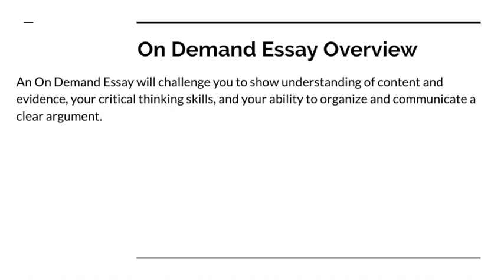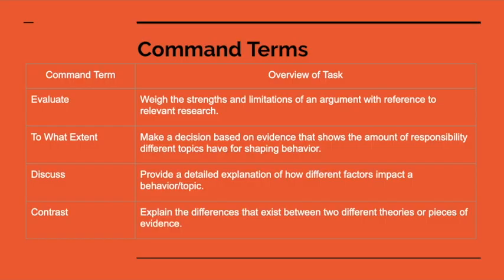First of all, there are several different command terms that you might be asked to write on. The first one is evaluate, which means to weigh the strengths and limitations of an argument with reference to relevant research. To what extent is to make a decision based on evidence that shows the amount of responsibility different topics have for shaping behavior. Discuss means to provide a detailed explanation of how different factors impact a behavior or topic.